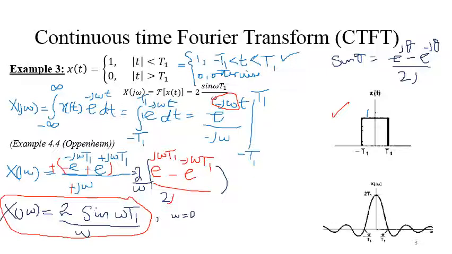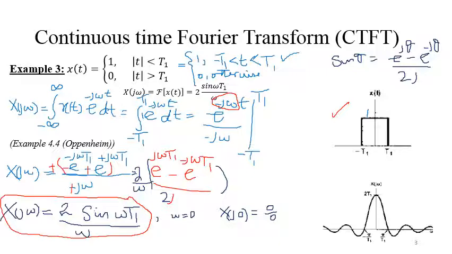Okay, so when we put frequency equals to 0, we have X of j0 equals to 0 over 0. So you understand, for such cases we use the L'Hopital rule. And what does the rule say? It says that you take the derivative of the numerator and denominator.